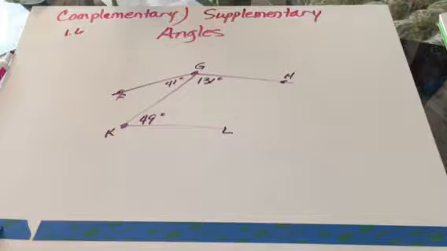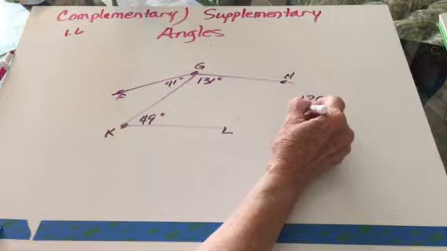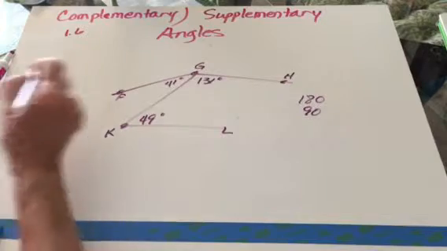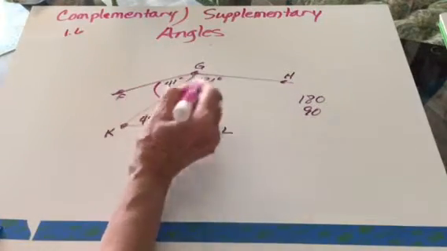All right. Do you see any supplementary or complementary angles going on? You're looking for something that either adds up to 180 or it adds up to 90. Do you see any things that add up to that? Probably. How about this guy plus this guy?